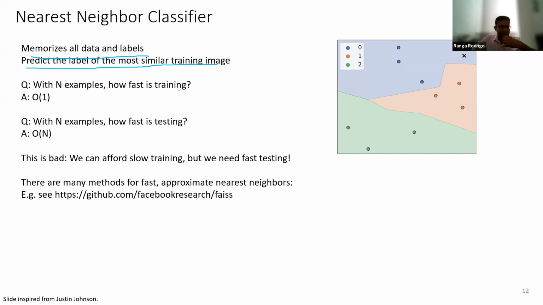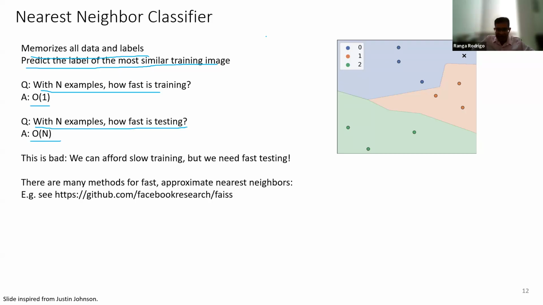With n examples, how fast is training? Training does not take time because the examples have labels. So it is constant time. It does not spend time based on the number of training examples it has. With n examples, how fast is testing? For testing, you have to check with each example in the data set. So this is bad. We can afford slow training, but we need fast testing.